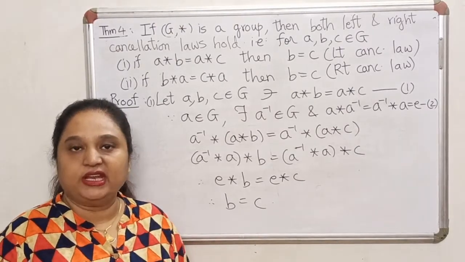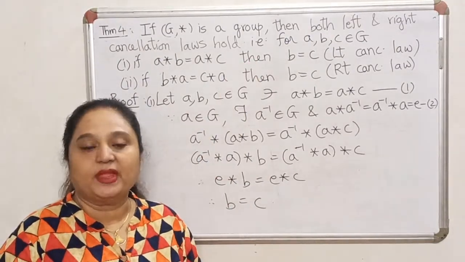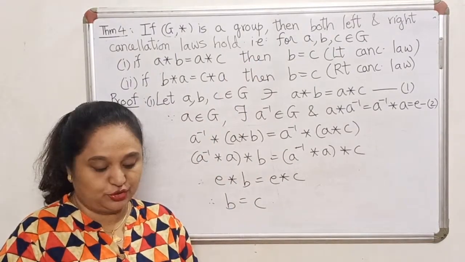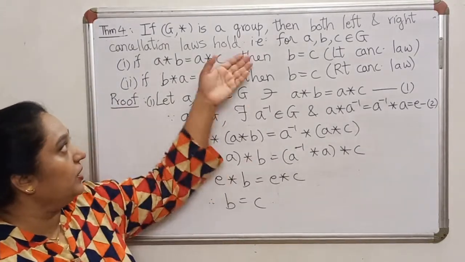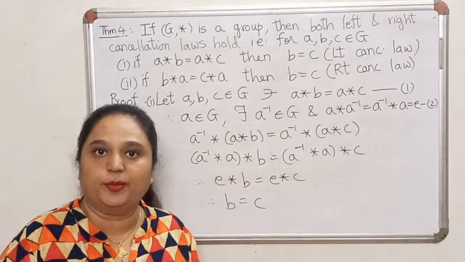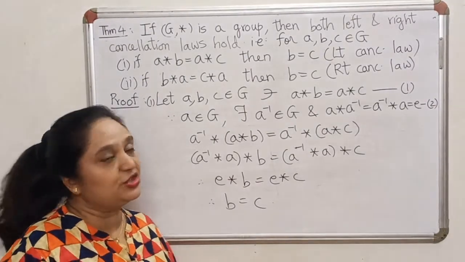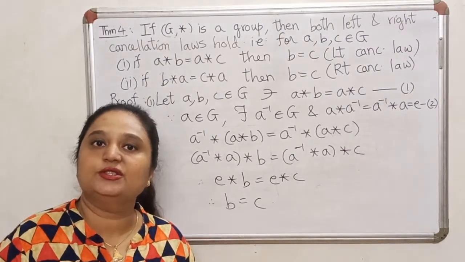In fact, it's a very smart idea to use cancellation laws. Occasionally, you can use the contrapositive. If for some set with respect to a particular operation star, the cancellation laws don't work, then you can actually conclude that it is not a group.